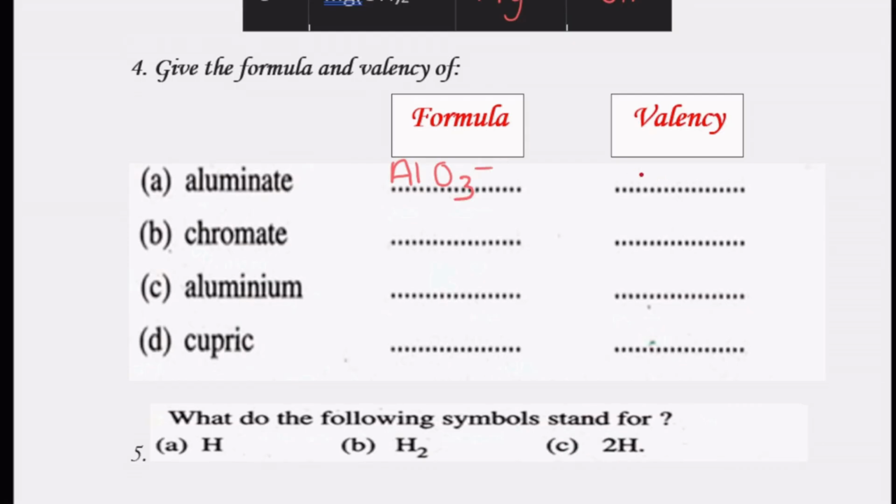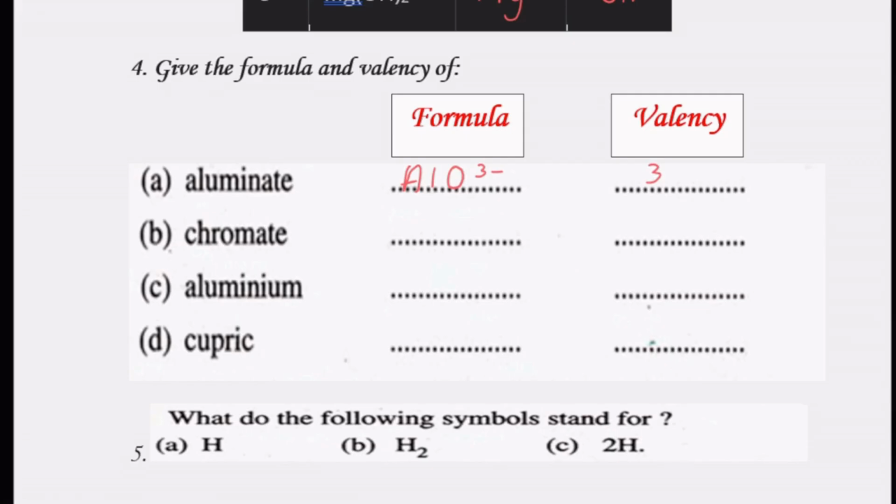So what is the valency? Valency is 3, isn't it? So we'll write like this: AlO3 minus, and valency is 3.